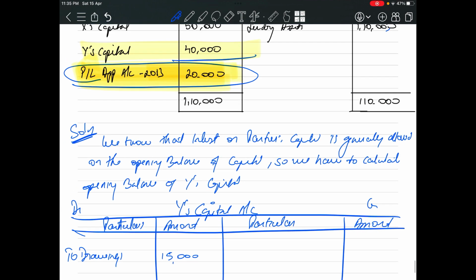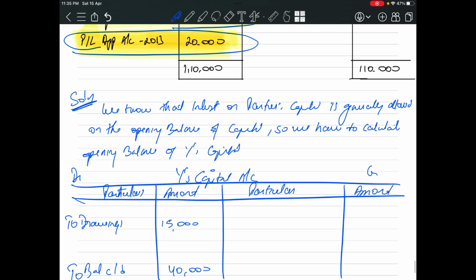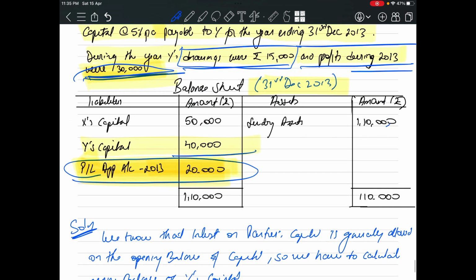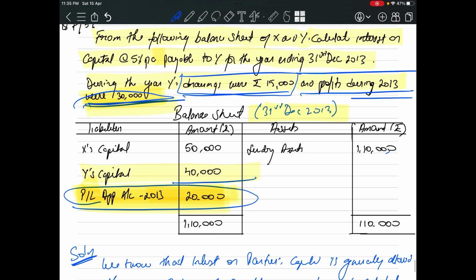Why do firms retain profits? Simply because of capital requirements. Say, for example, the firm is in need of some funds.